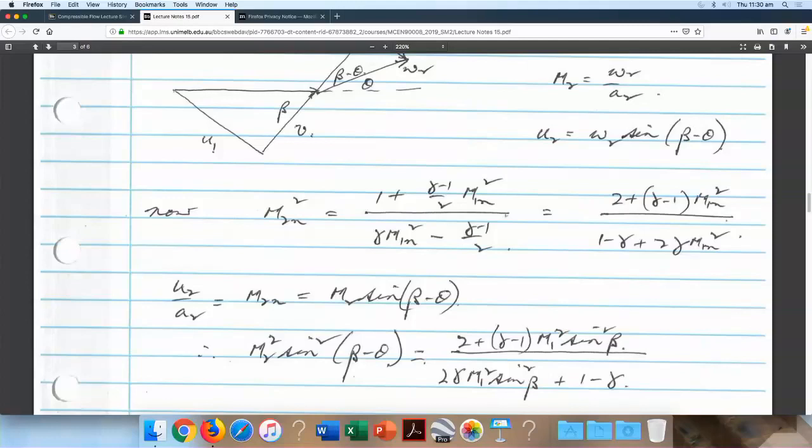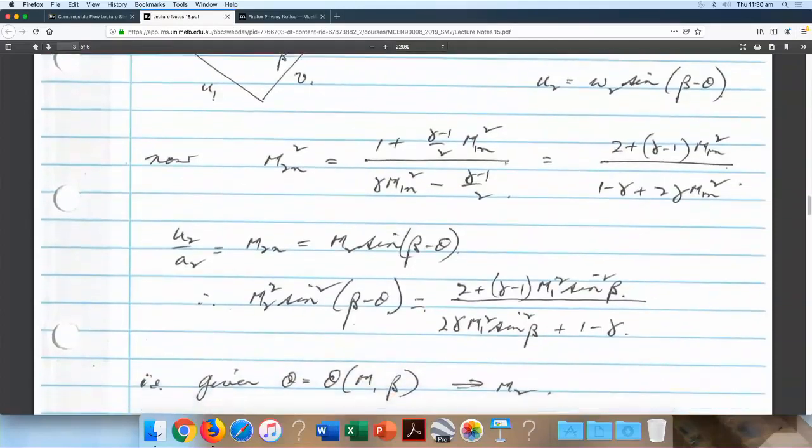All right. So that says that if I knew beta and M1, and I knew what theta was as a function of M1 and beta, I could get M2. So that's a very basic idea, and I'm going to use it now.